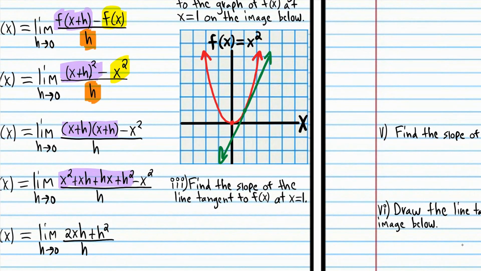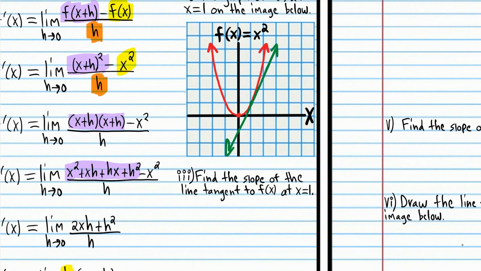Well, if we want to find the slope of that line, we can use the derivative function that we just found. We know that f prime of x is 2x. So if we want to find the slope of that green line that we just drew, we just plug in 1 to the function, and we have our slope. Just so happens the slope at that point is 2.